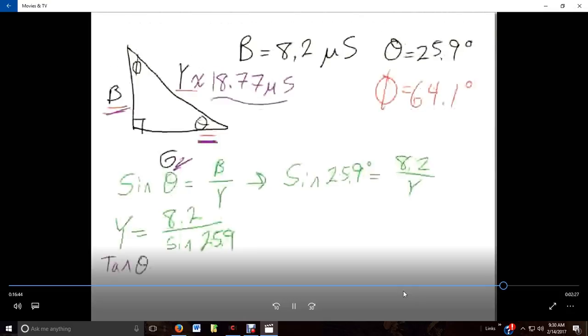Tangent of theta is going to be B over G. Plugging in values, we get tangent of 25.9 is going to be 8.2 over G. And solving like we did the previous one, G is 8.2 over tangent 25.9.